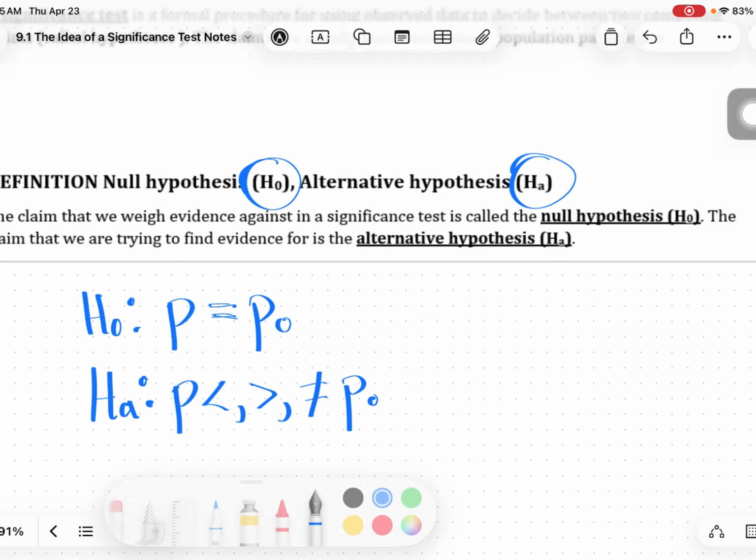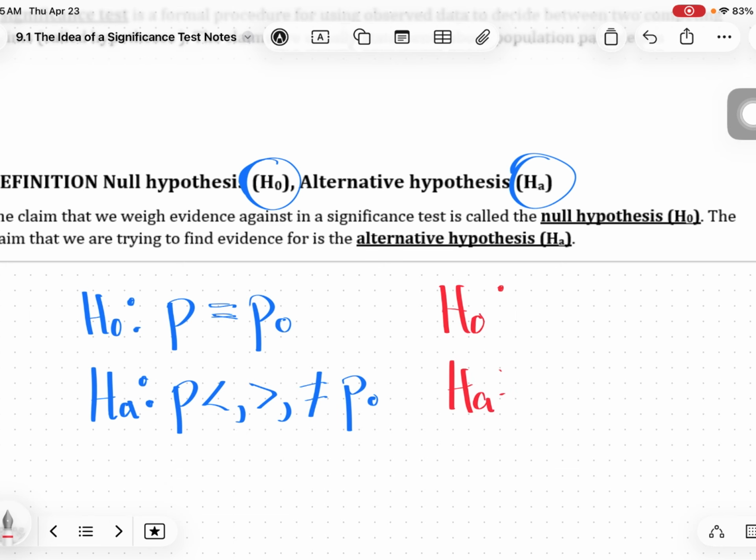For a mean, it's going to be the mean of a population, and then the null is always going to be an equals to some hypothesized mean. And then again, we're going to have some inequality, one of them. We're going to have to pick which one based on the language being used as our alternative.